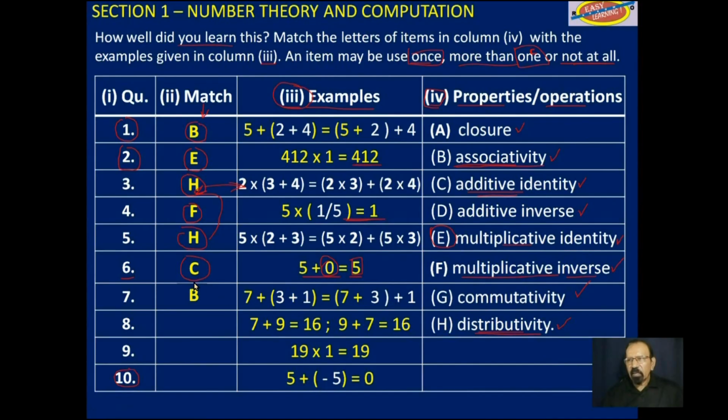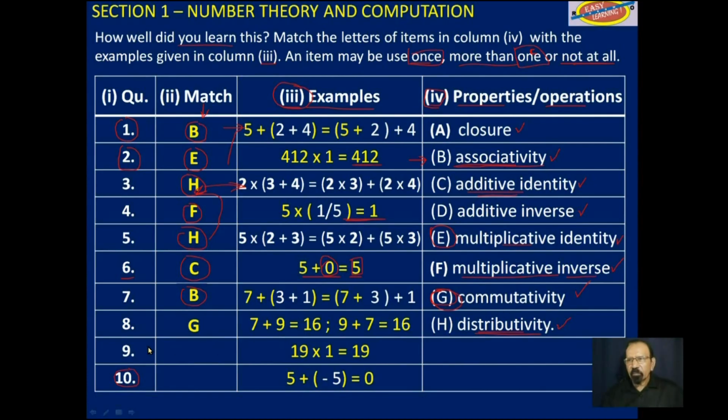The answer to that is B. We looked at that before, the first one here, which is associativity. Next one, question 8. 7 plus 9 is equal to 16, and 9 plus 7 is equal to 16. The answer to that is G, commutativity.